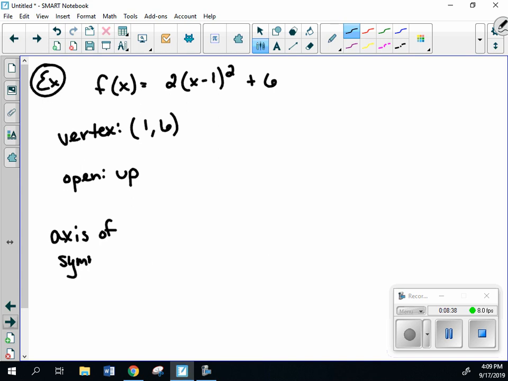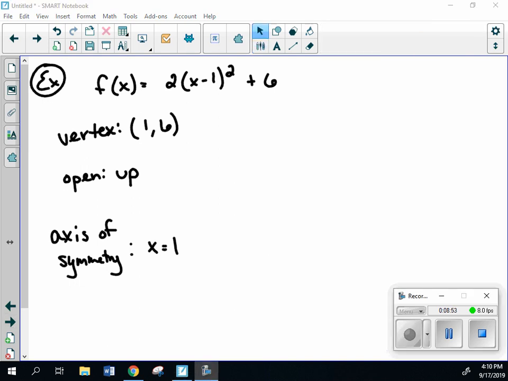The axis of symmetry occurs at the x value for our vertex. This is information that can be found using that vertex form.